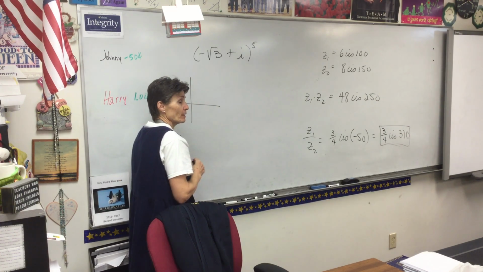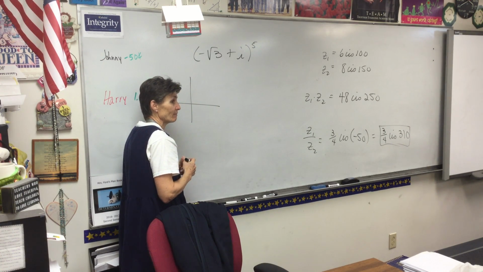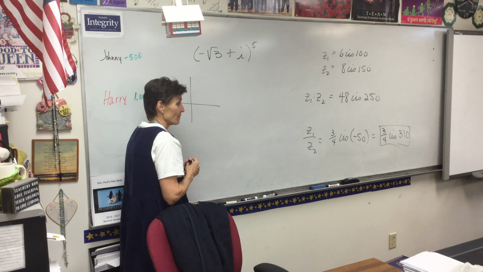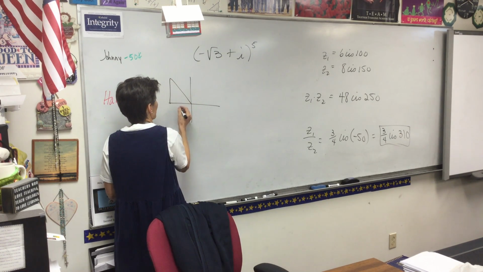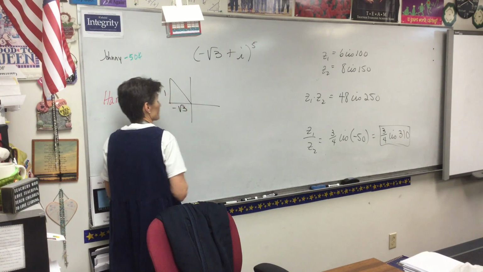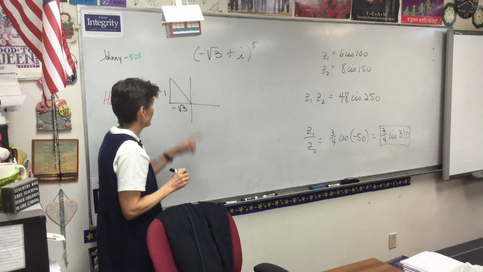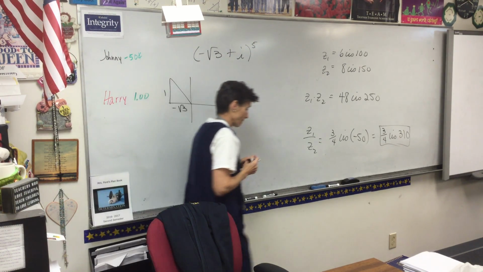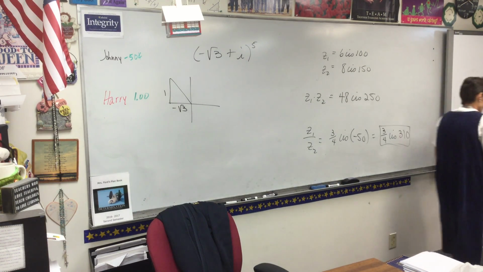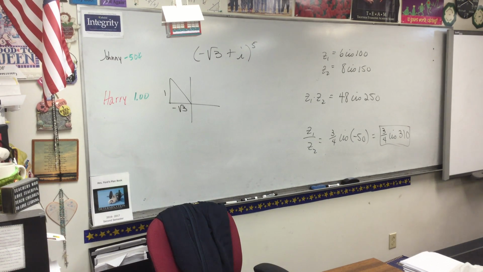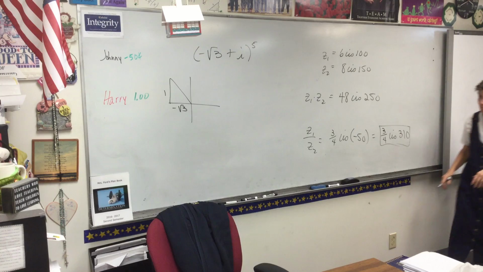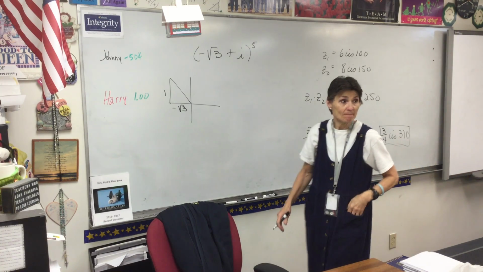It says answer in polar form. We need to find r and theta. So here's my picture. Let's find r. Find r for me. Don't depress me. What is it?